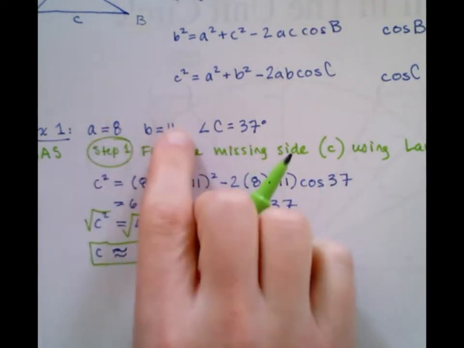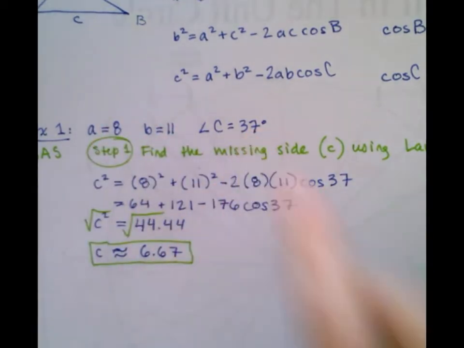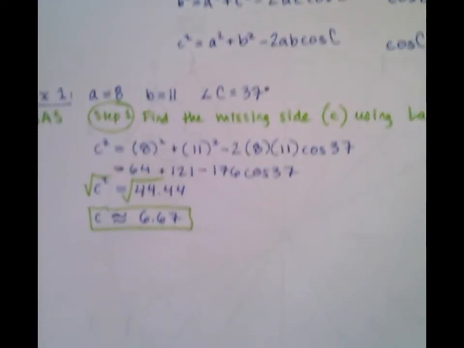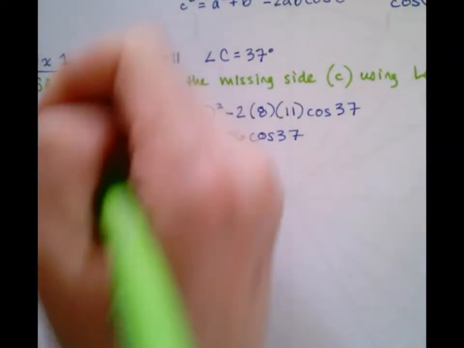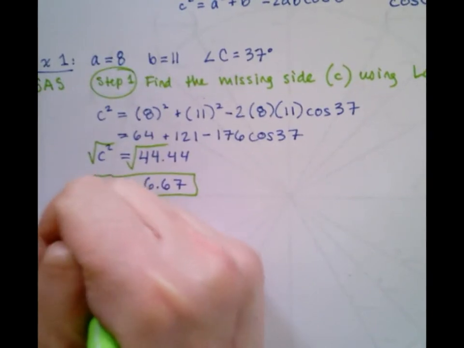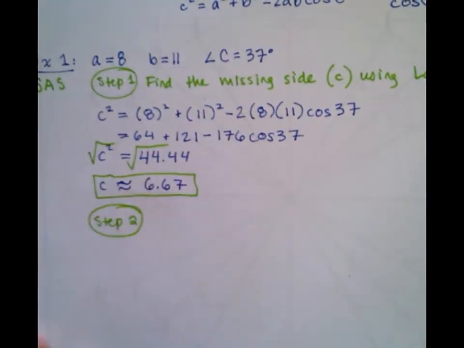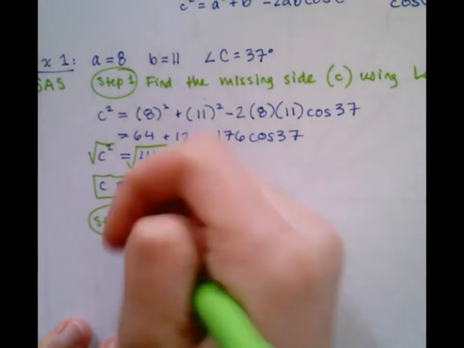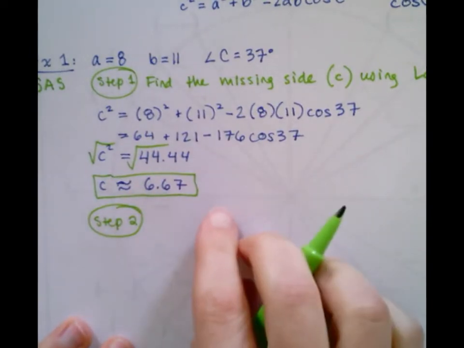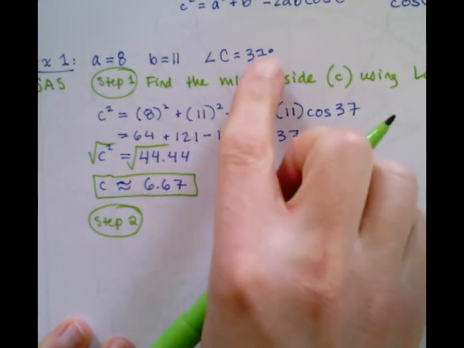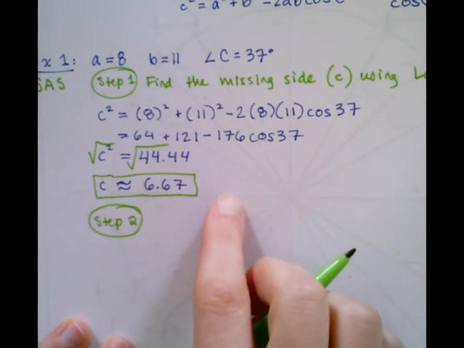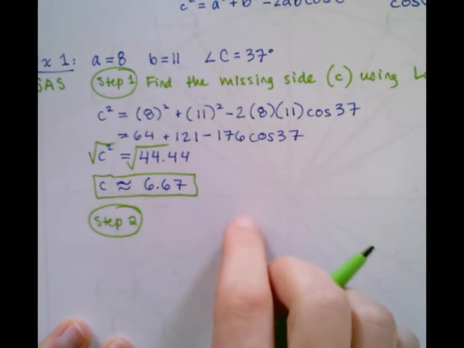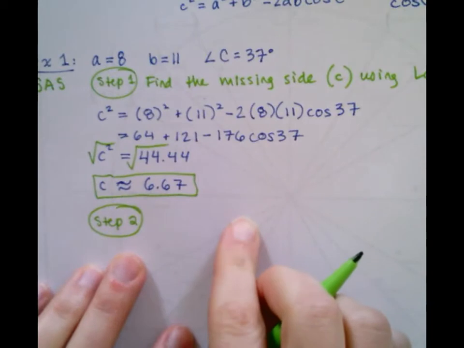Now we have all three sides, and we're missing two angles. So our next step is going to be to find one of the angles. Okay, so we'll say step 2. At this point, we now have an angle and the side opposite it. So we're going to revert back to using law of sines here, because it's easier to use law of sines.